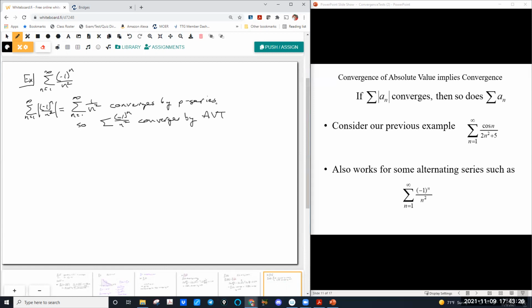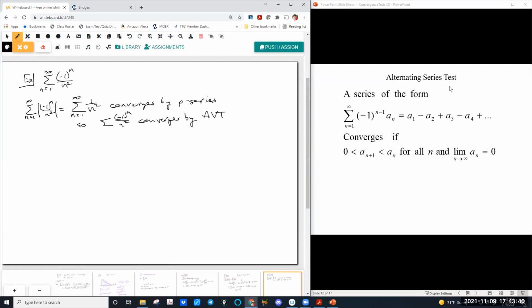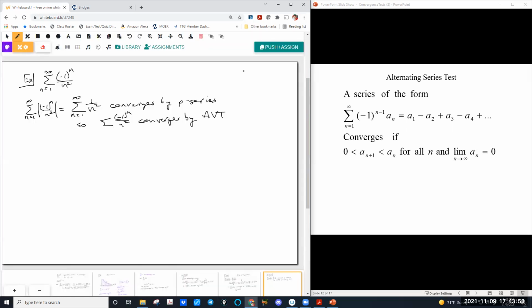But there's another test that we can use when we do have what's called an alternating series. Now, again, for an alternating series, it does have to change signs every time. And this is an alternating series. So an alternating series must change from plus to minus every single time. The example we looked at earlier with the cosine, I'll just bring it up here.